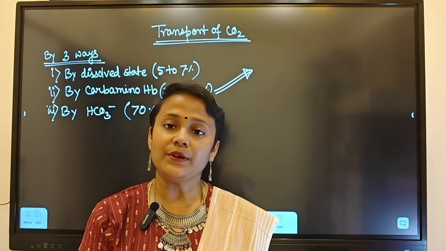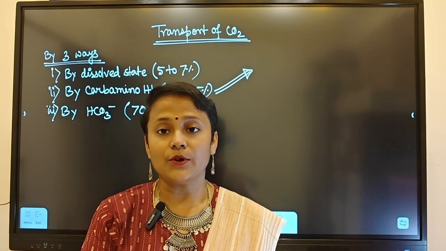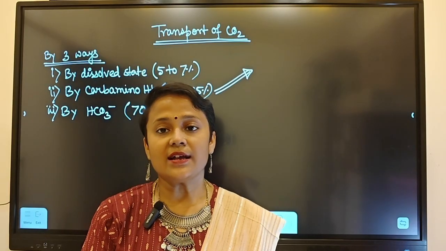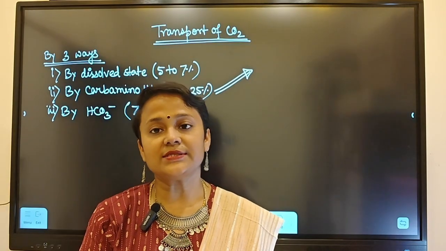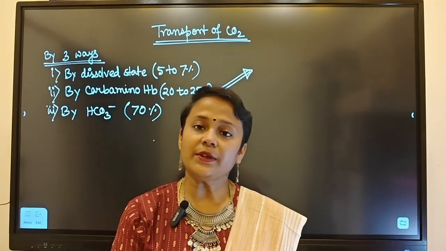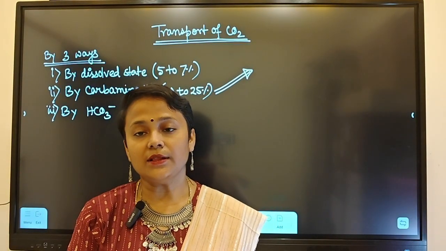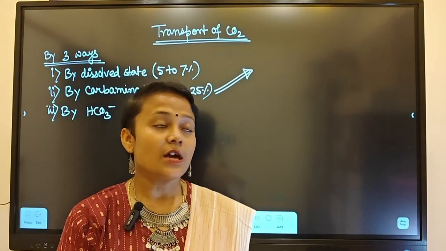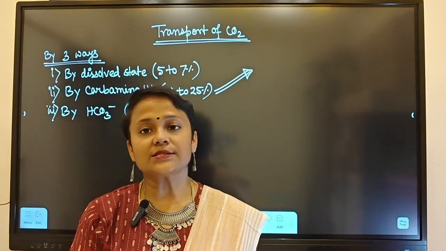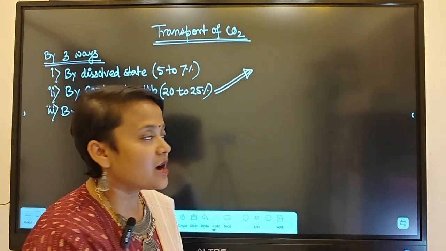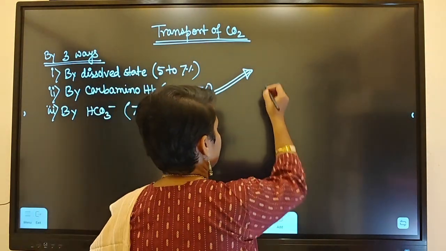Proteins are made up of amino acids, and each has one N terminal and one C terminal. In the N terminal, the amino group will be free, and in the C terminal, the acid group will be free. Now, the carbon dioxide will bind with the N terminal to make carbamino hemoglobin.